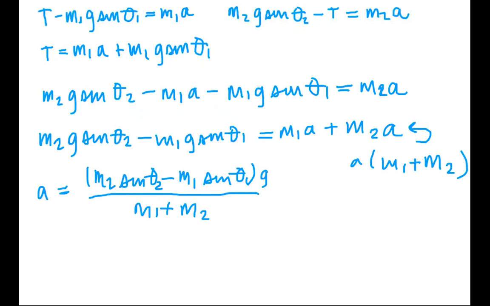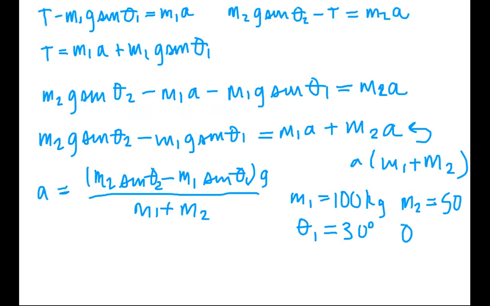So if we take the values that we were given, we know that M1 equals 100 kilograms, M2 equals 50, theta 1 is equal to 30 degrees, and theta 2 is equal to 53.1. You just plug those in.